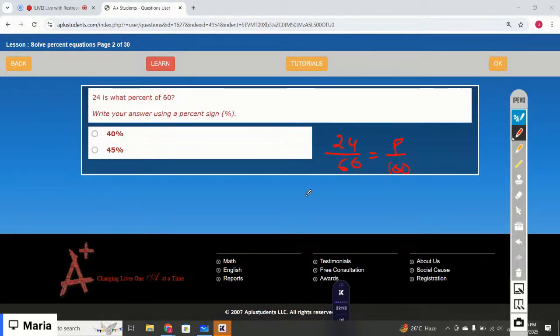So that would be 24 times 100 over 60. 6 times 4 is 24. That means 40%. So 24 is 40% of 60. Got it? The correct option is 24 is 40% of 60. Option number 1 is the correct option.